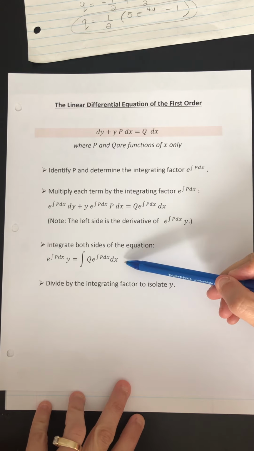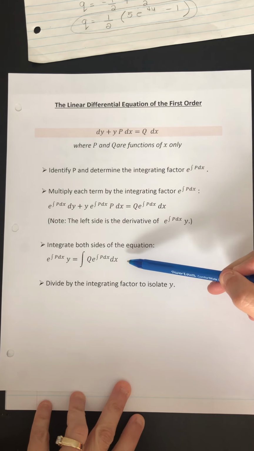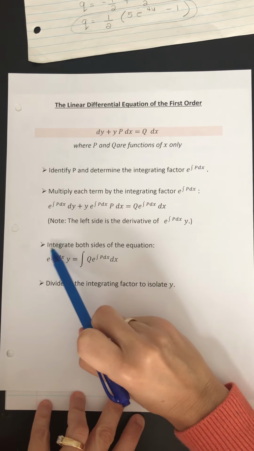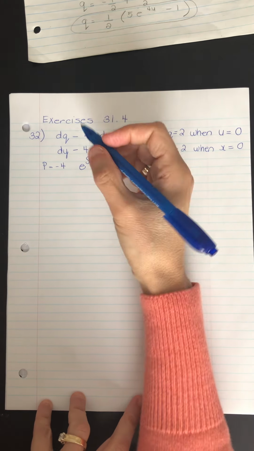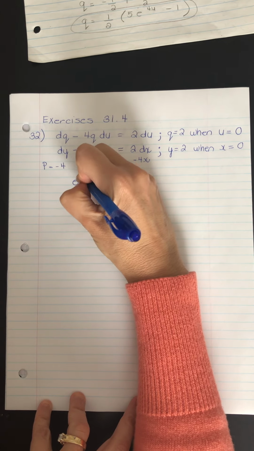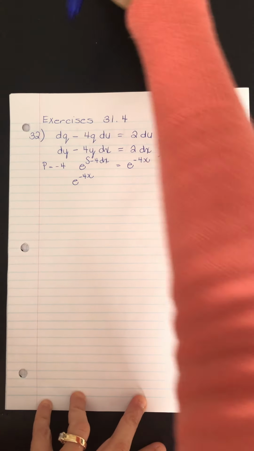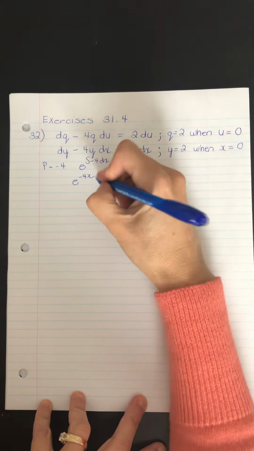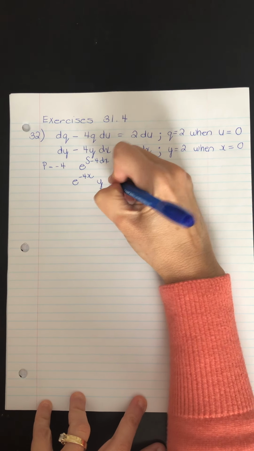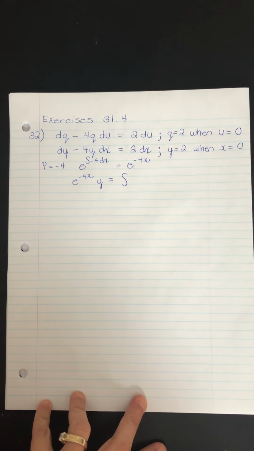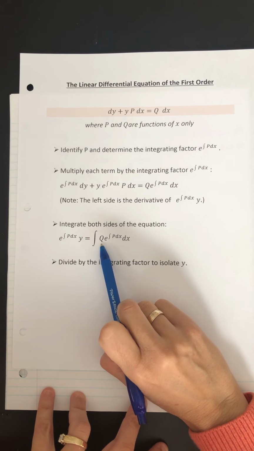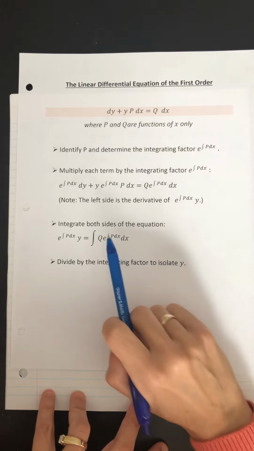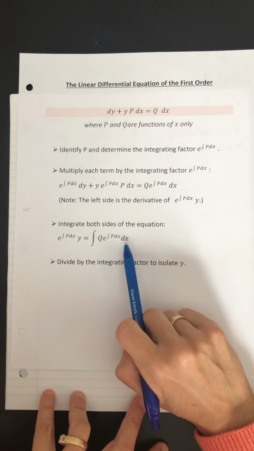And of course, once we have that, we come all the way down and set this up. So left side will be the integrating factor multiplied by y. On the right side, we begin with the integral sign, and then we're going to write q times the integrating factor dx.